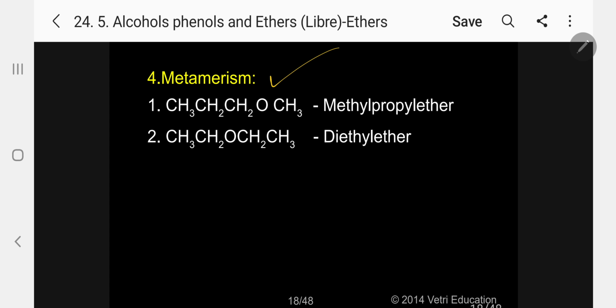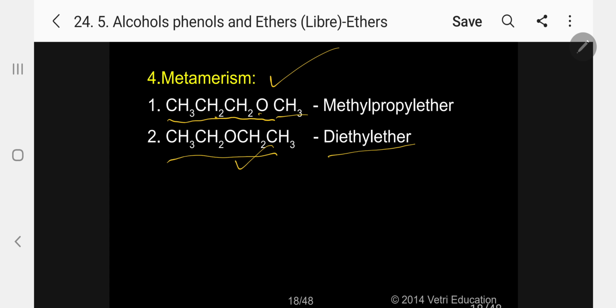A number of books avoid this example to escape, so they are giving this. This is methyl propyl ether. This is diethyl ether. Metamerism: one side 3 carbons, other side 1 carbon. In the second case, diethyl ether, both sides 2 carbon atoms.